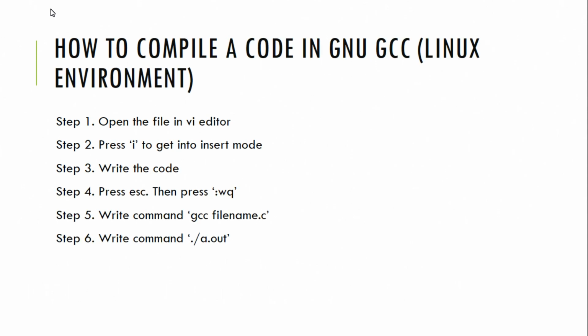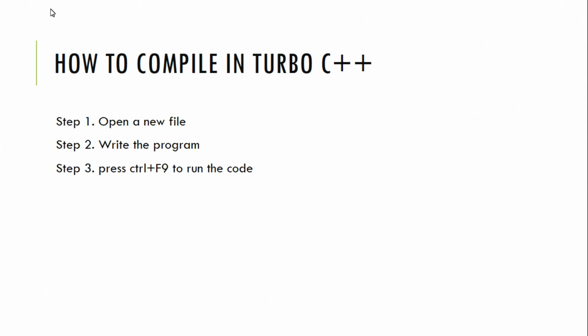We will see what the difficulties are when we run the program. For that, Turbo C++ allows some external features to avoid those problems. We'll also see those external features.